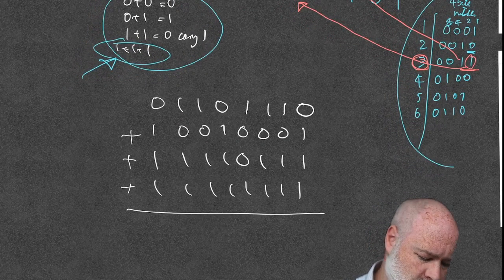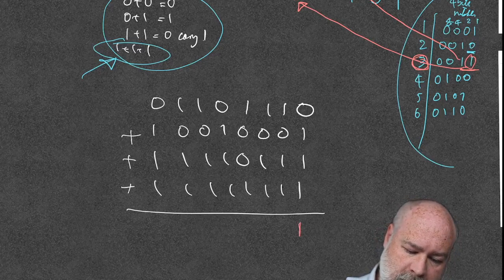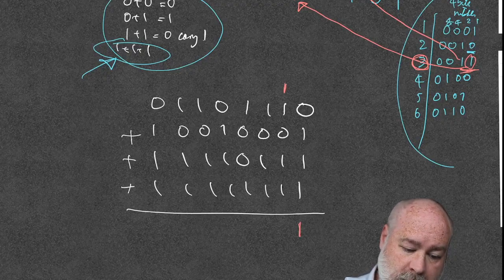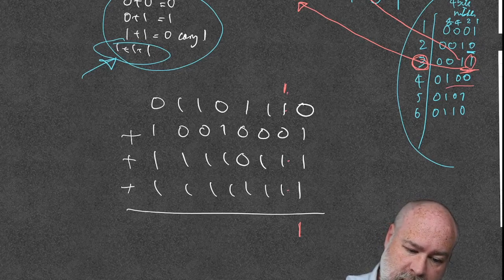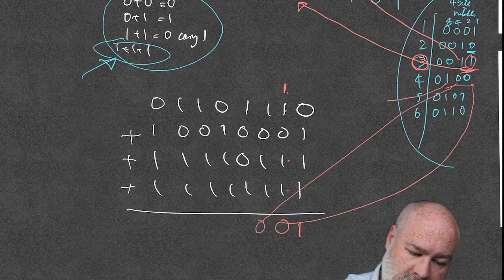1 plus 1 plus 1, well that's a 3, so I'm going to put 1 in, which is that one there, and I'm going to carry a 1. Now we've got 1 plus 1 plus 1 plus 1, well that's 4, so I'm going to put that 0 down here, that 0 in this column, and then carry that 1 over here.